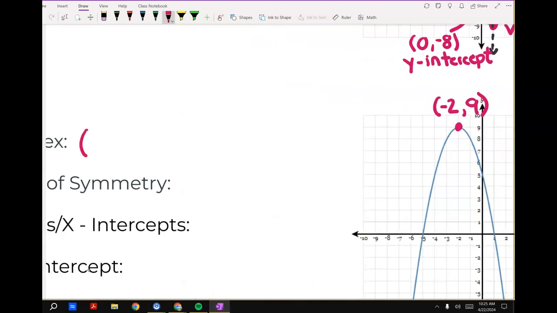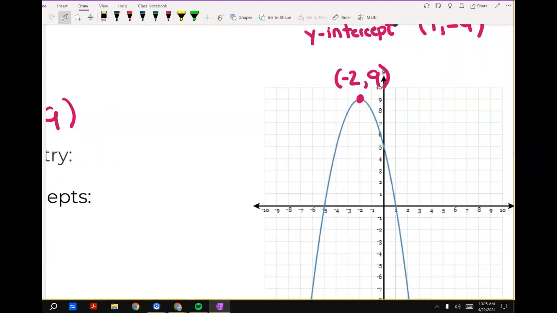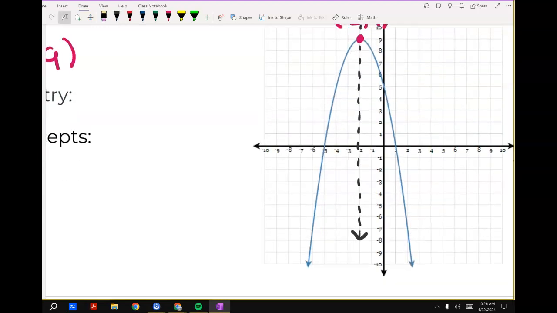And then to find the axis of symmetry, again, I'm just going to draw a vertical line that goes through my vertex. I see it crosses my x-axis at -2, so I know my equation has to be x is equal to -2.